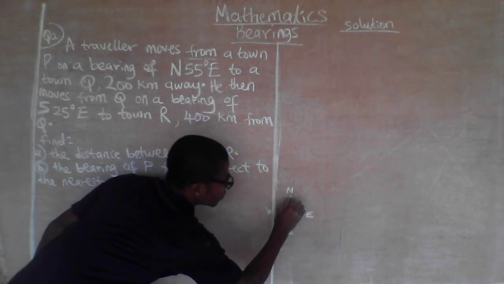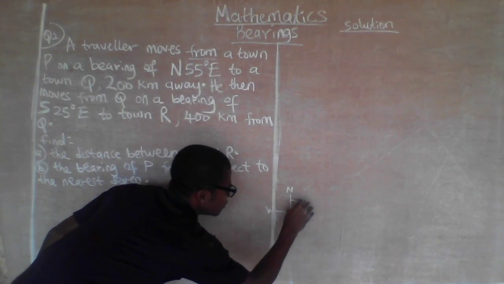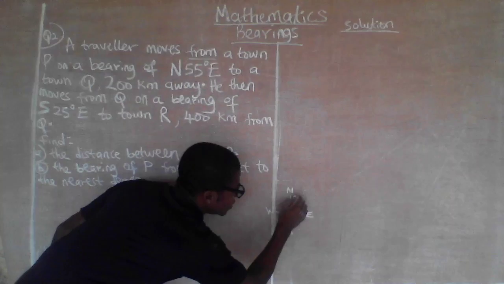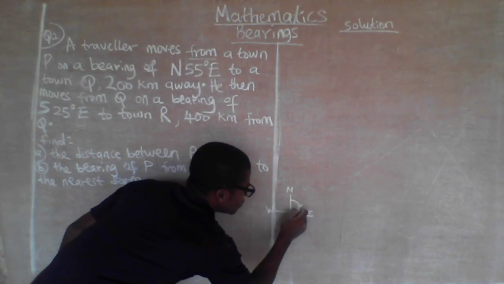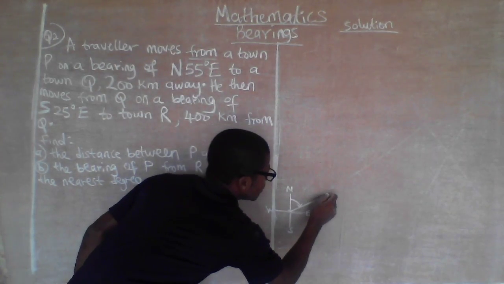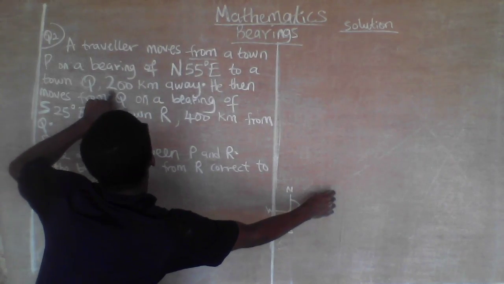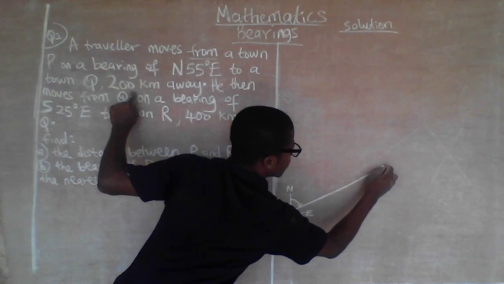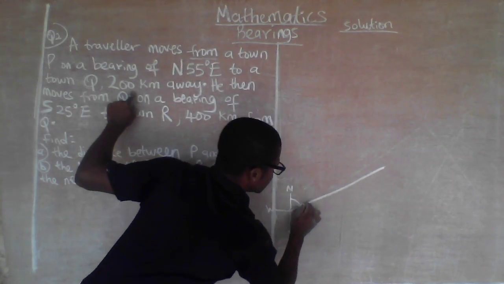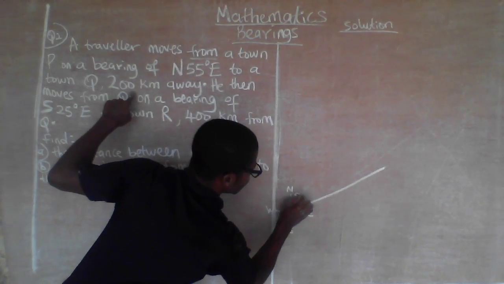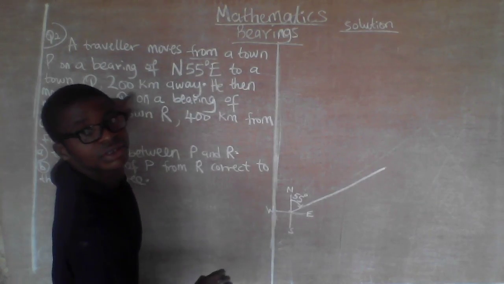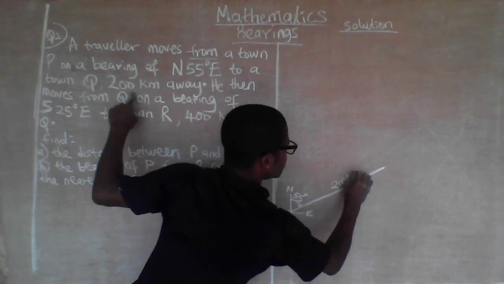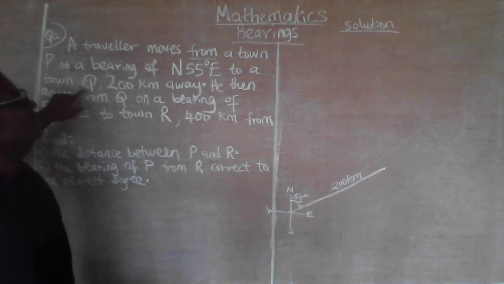Where the 55 degrees stops, I draw a line that signifies the distance traveled, which is 200 kilometers. Where this line stops is town Q.